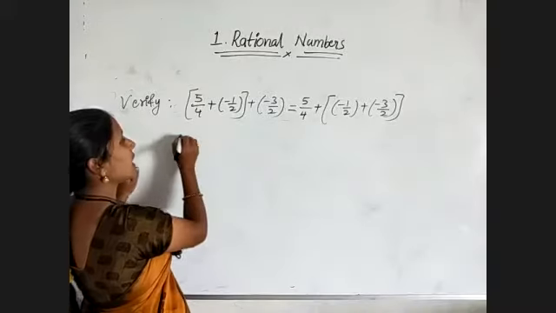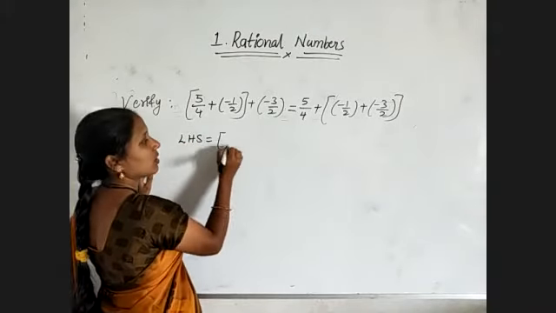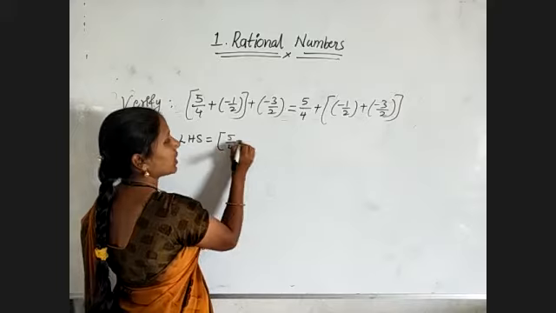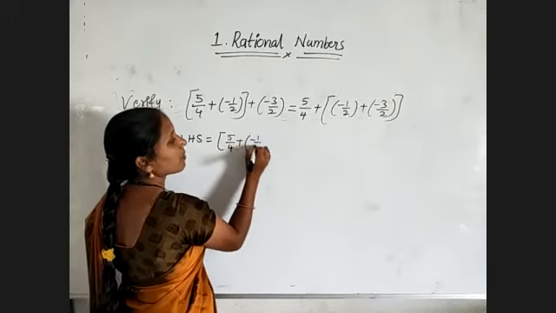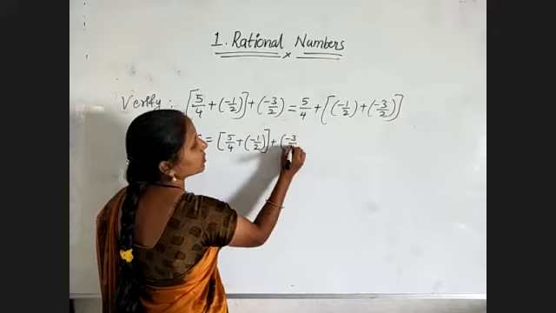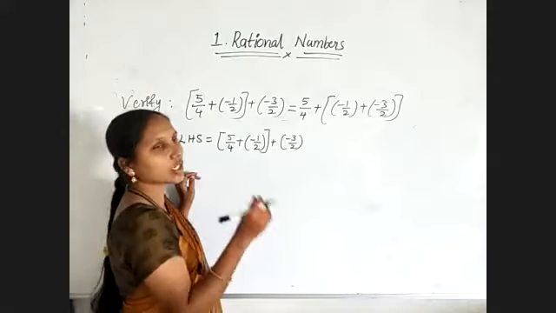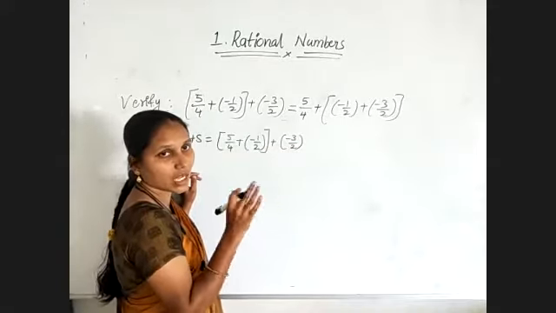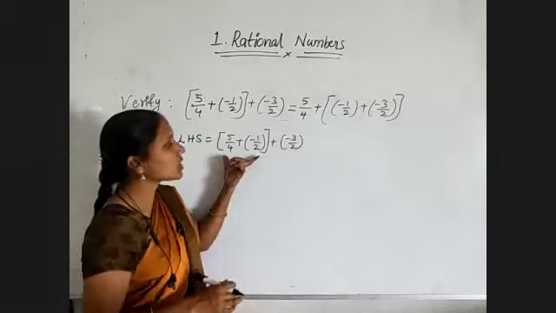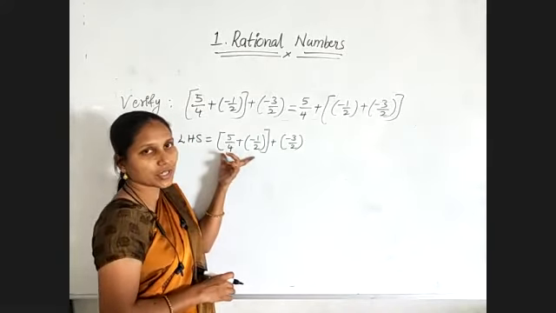Now take the LHS for verification: 5 by 4 plus of minus 1 by 2 plus of minus 3 by 2. That means the brackets indicate we need to simplify that operation first. So for these two numbers we have the brackets. In that case we need to finish this operation first.